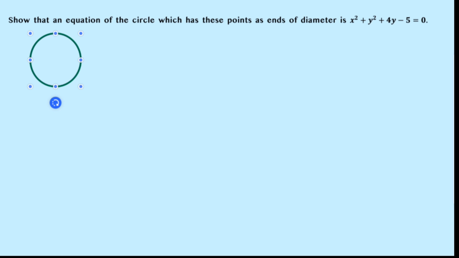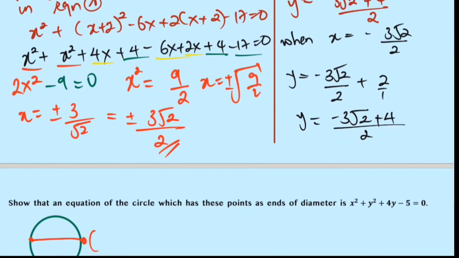So if you have a circle that has these points as ends of the diameter, it means that one point, when x was positive, we had 3 root 2 over 2, comma, and the y value was also positive, so we had 3 root 2 plus 4 over 2.